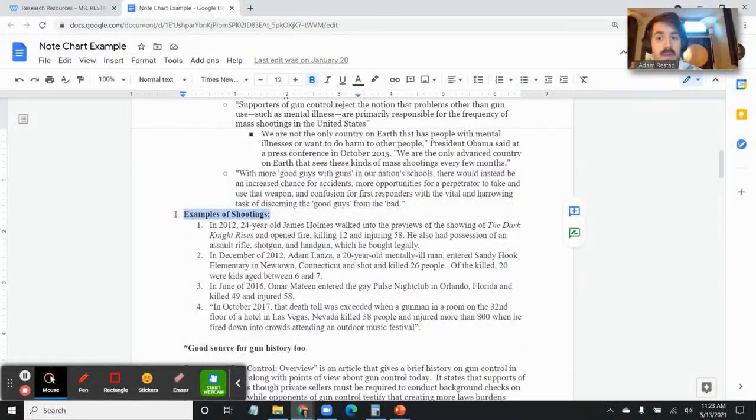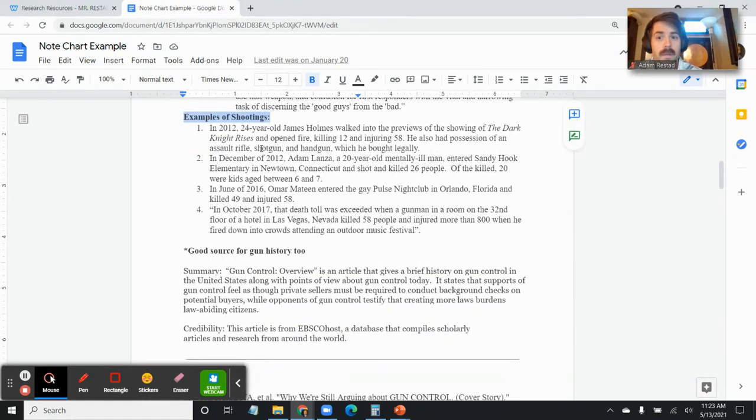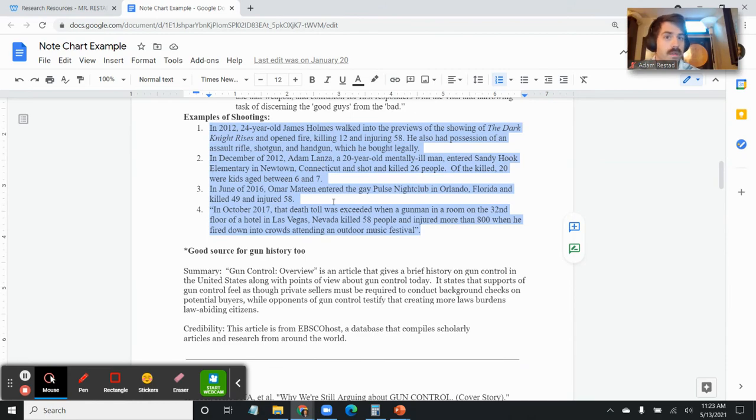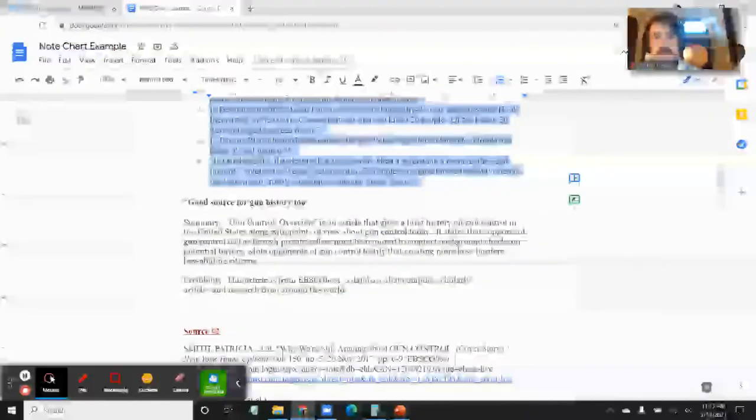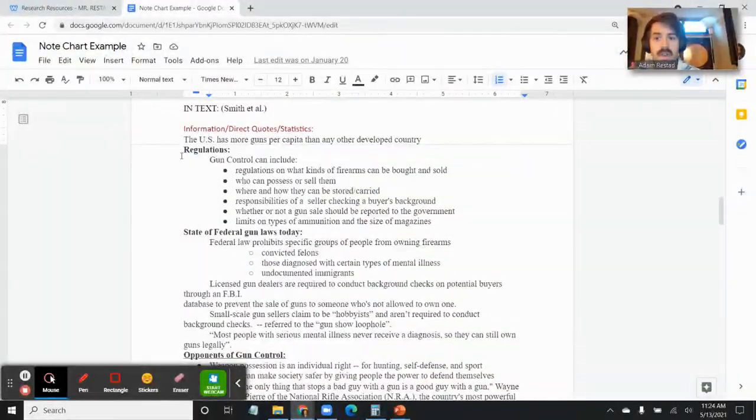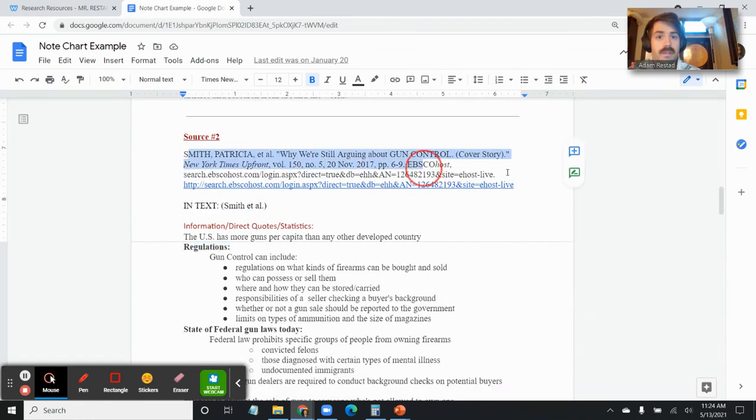And here's just some general examples that have popped up, like a history of mass shootings in the United States that you could use maybe as some background information. So use this as sort of a template of what you could do to organize your notes, even within different sources.